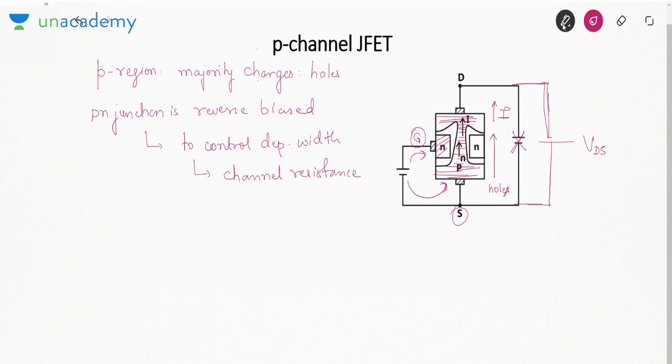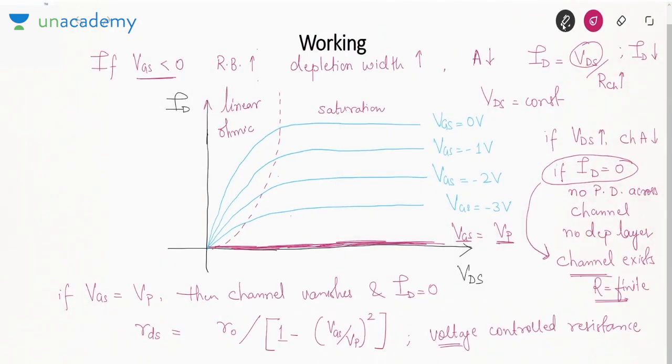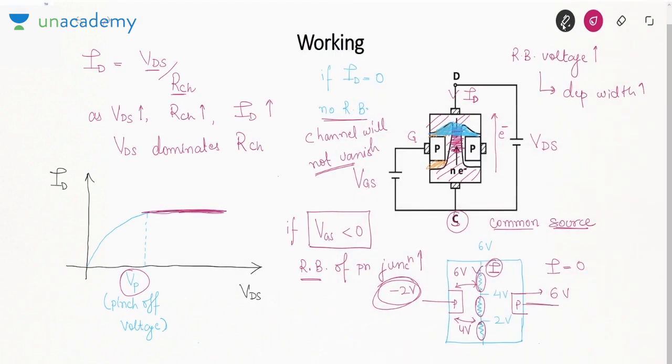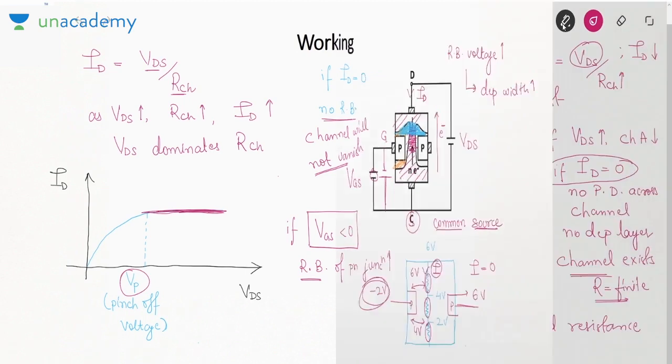We want to make the resistance voltage controlled. So that is why we are reverse biasing the PN junction. As you can see here, positive terminal is connected at gate and negative at the source. In the previous case, the negative terminal should be connected at the gate and positive terminal at the source.